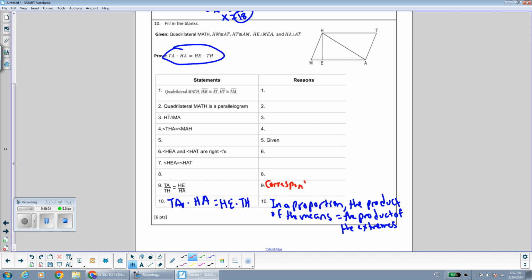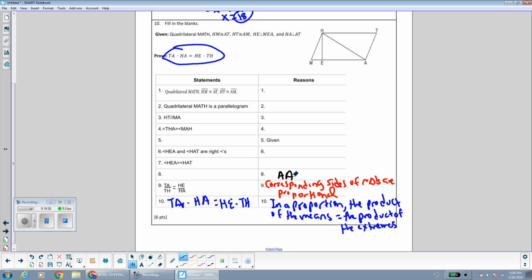Corresponding sides of similar triangles are proportional. So that gives me a clue that I need to prove triangles similar. And 99% of the time, when we have a 2-column proof, that's going to be through AA. So I already got the end of the proof done.